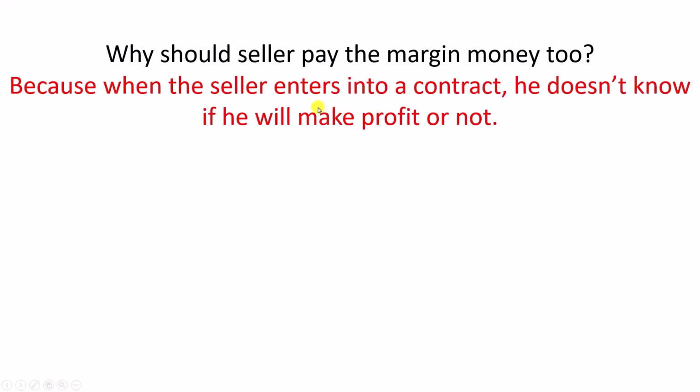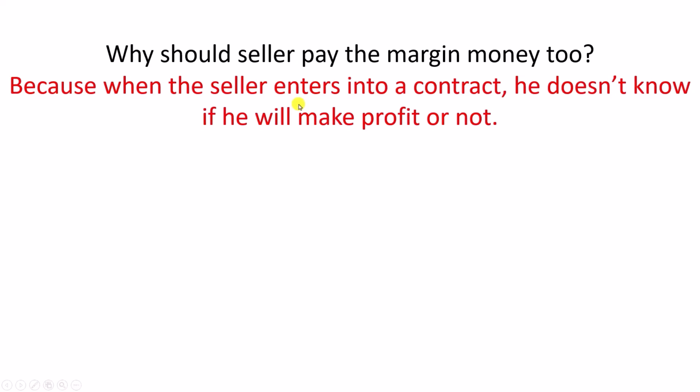This is because when a buyer and a seller enter into a contract, they do not know who will profit from the contract. If you are the buyer and I am the seller, and we enter into the contract, we do not know whether you will be in profit or I will be in profit when we close the contract. Correct?